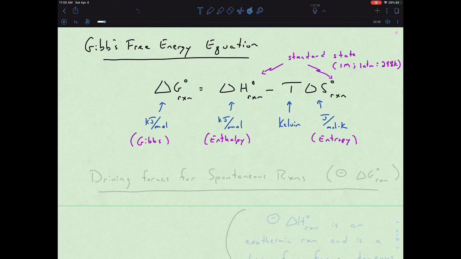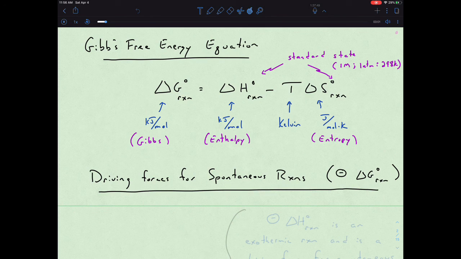So there is our Gibbs free energy, and what I'd like to do is blow it apart a little bit and just start to look at it qualitatively as far as signs and driving forces. So let's consider this idea of driving forces for spontaneous reactions. And remember, that means that we want to have a negative delta G for a spontaneous process.